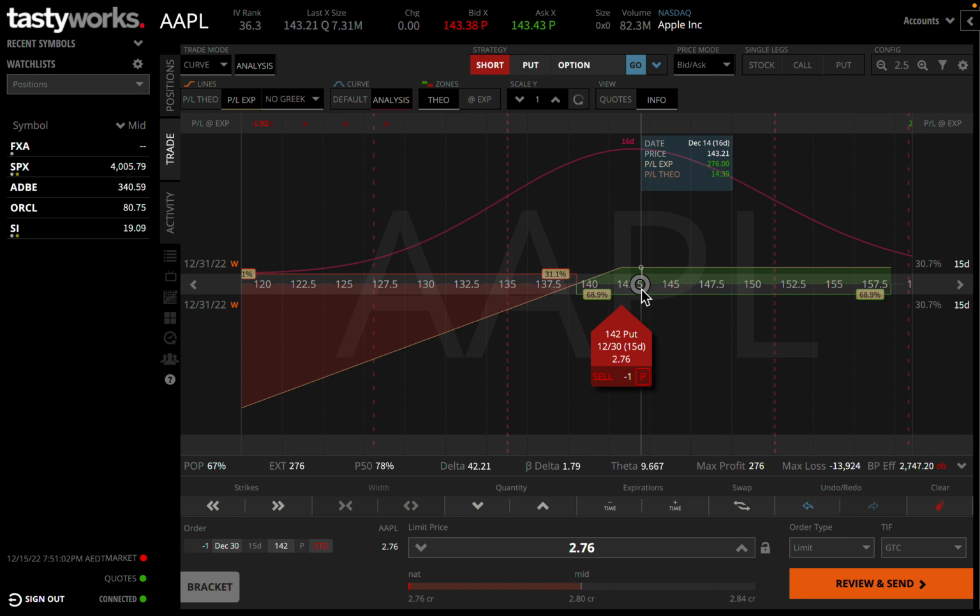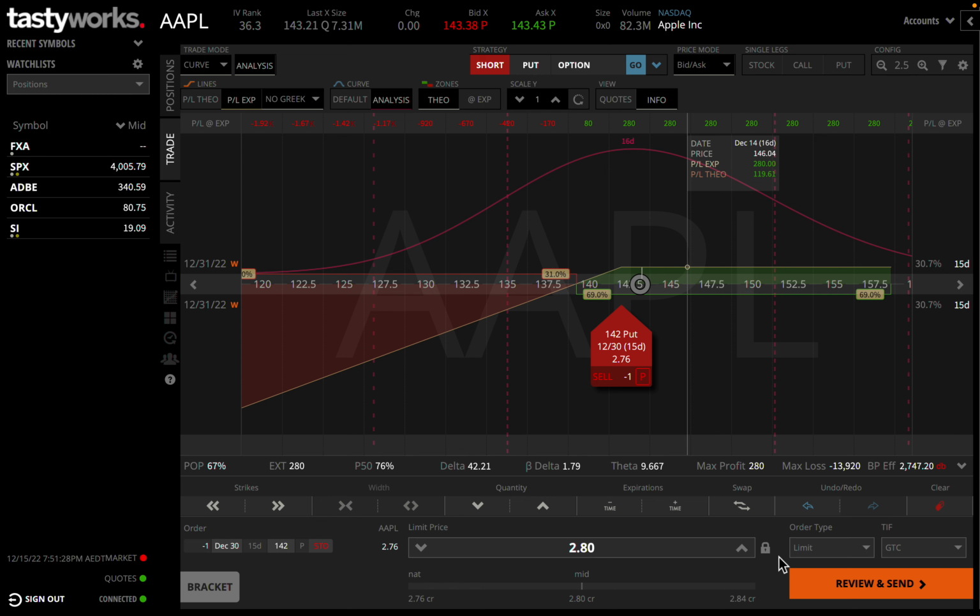And the current price of Apple is 143, right? Now let's say I just want to collect the premium, and I'm not interested in actually buying the stock. If I was interested in buying the stock, I could sell this option for $2.80 per stock, right? Now remember, options are in lots of 100.